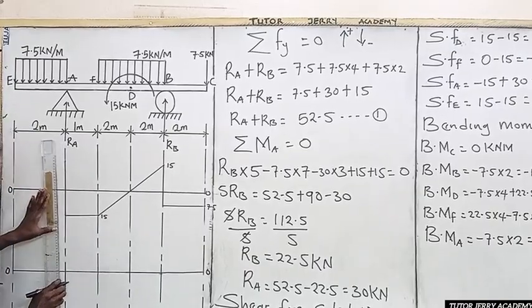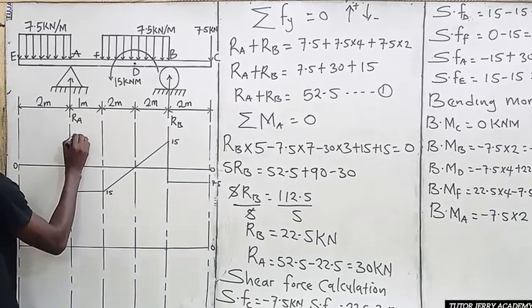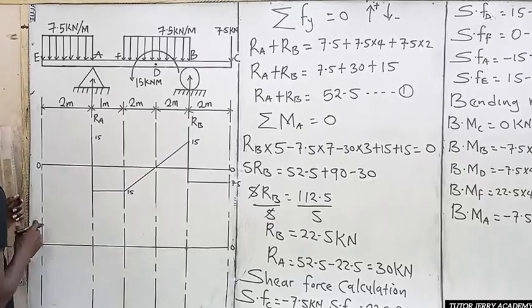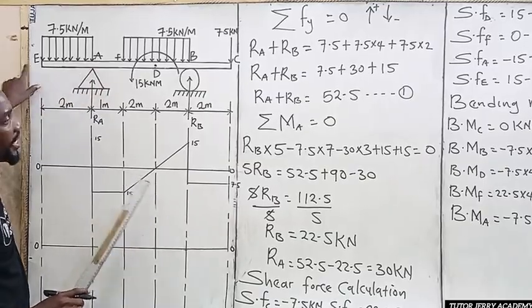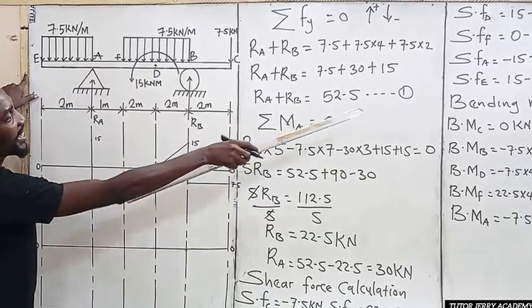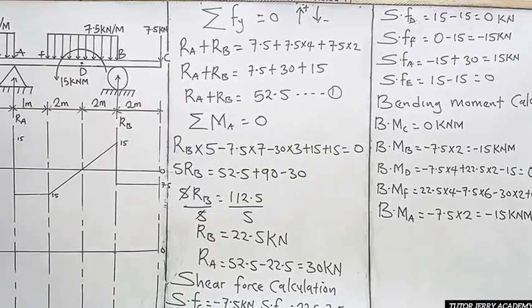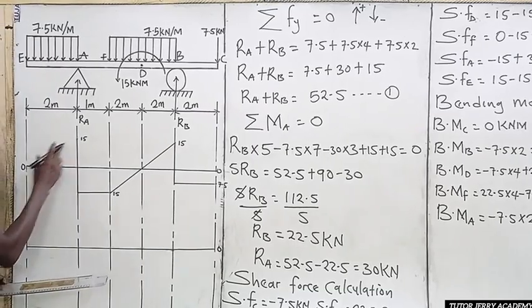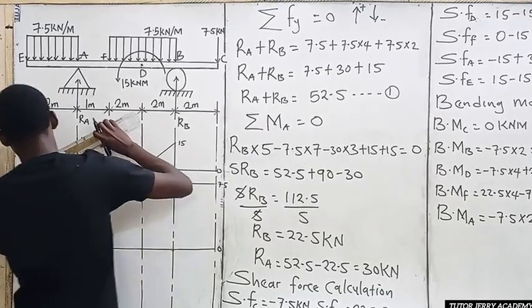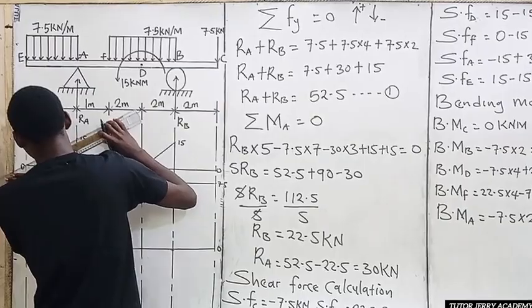All right, so this is 15. Now from A to E, our E is 0. So we are going to draw from this point to this point, and we have a uniform distributed load, so it's going to be inclined. We join this point to this point with an inclined line.